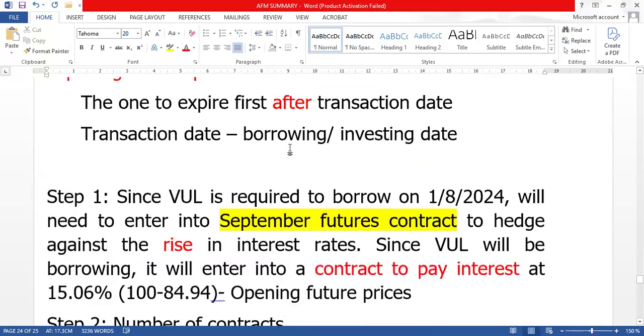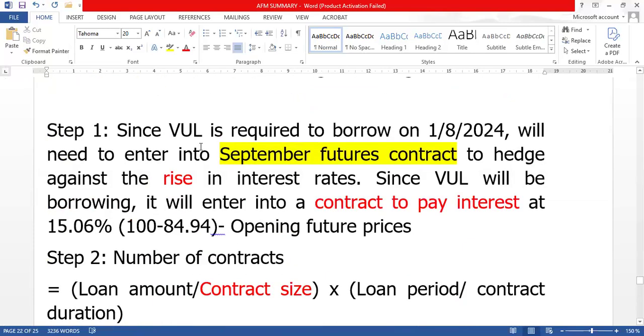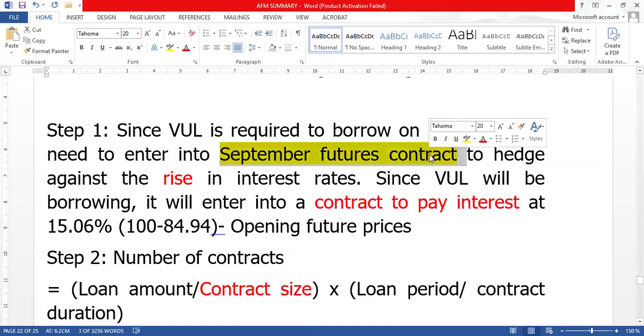Then also the wording will depend. Since VUL is required to invest, we will need to enter into the contract to expire first after the investment date, to hedge against the fall in interest rates. So since VUL will be investing, it will need to enter into a contract to receive interest at the rate quoted on your futures contract.